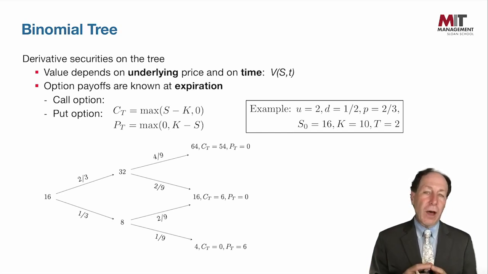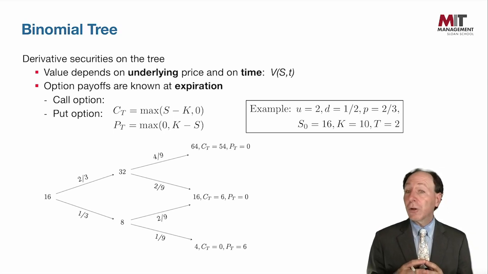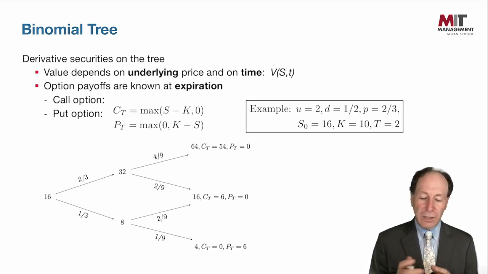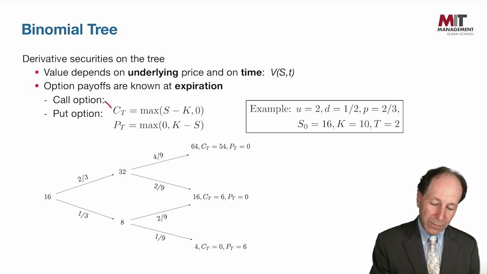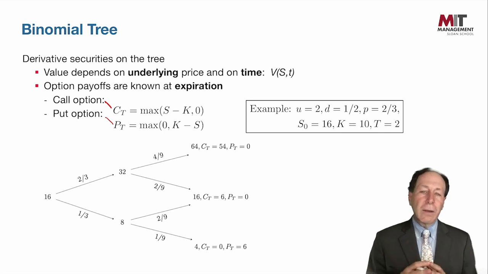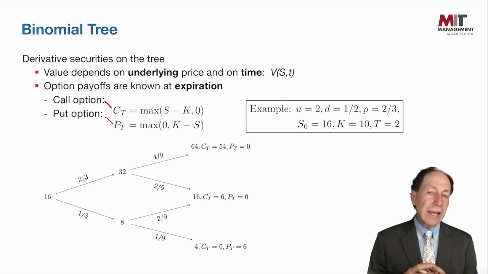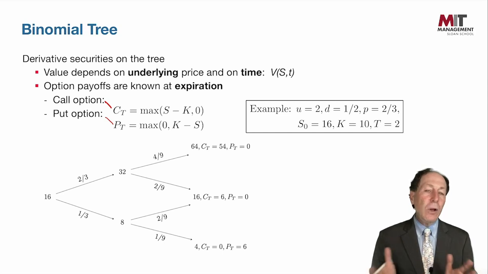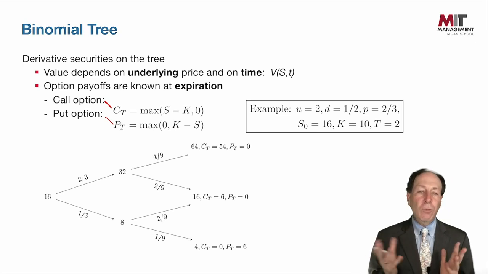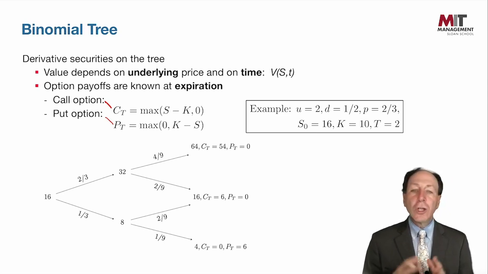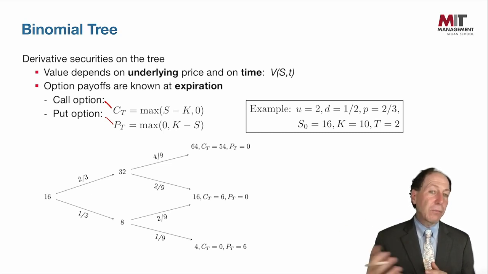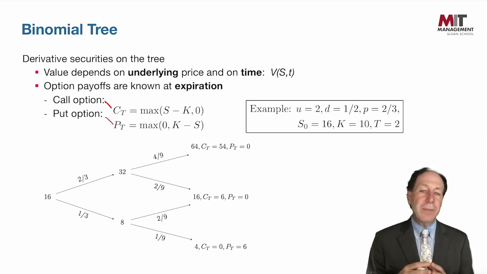So you may be familiar with stock options, and in particular call options, that give you the right, but not the obligation, to buy a security at a fixed price K for a call option, but you would only exercise that if the market price is above K. So if I tell you you have the right to buy a stock at $10, you would not exercise that if the stock were $3. You'd only exercise it if the price were more, and then you could realize an immediate profit.